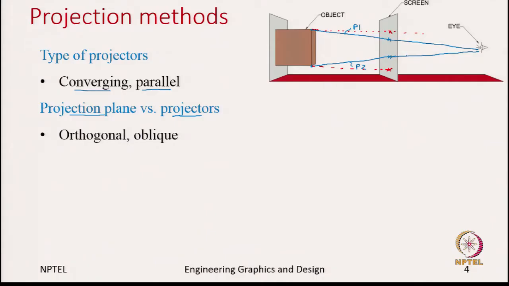In these blue lines, what angles do they make? Do they make 90 degrees to the projection plane? As you can imagine, they do not make 90-degree intersections, instead they make other than 90 degrees, which we call oblique projections.